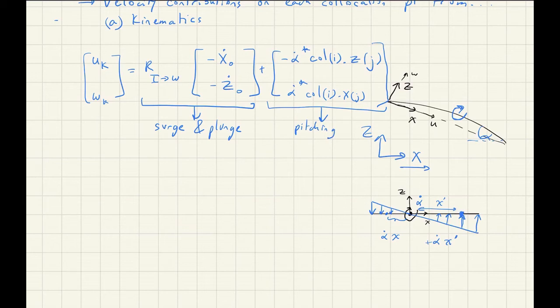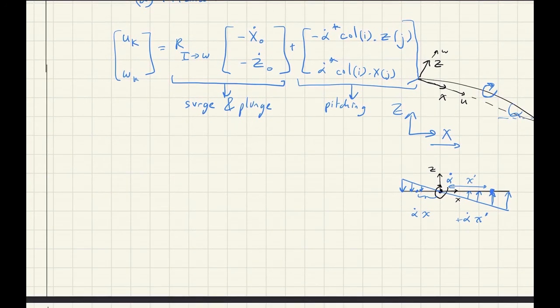Obviously, you can also add additional terms depending on whether you have a changing camber or not, but for the sake of simplicity, we'll just keep it at that. And if any of you needs to actually know the additional terms due to changing camber, we can go over this individually. So this is the first component, the kinematics.